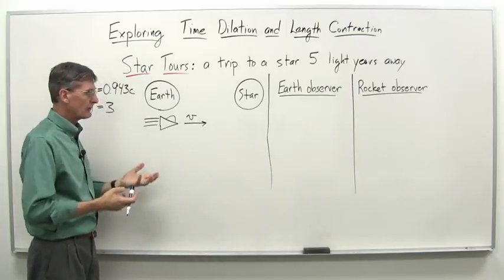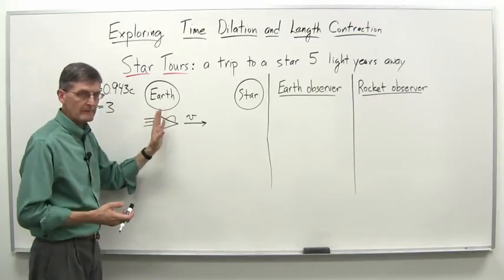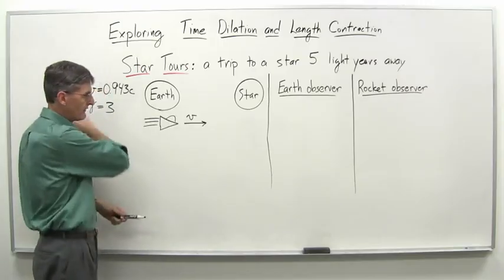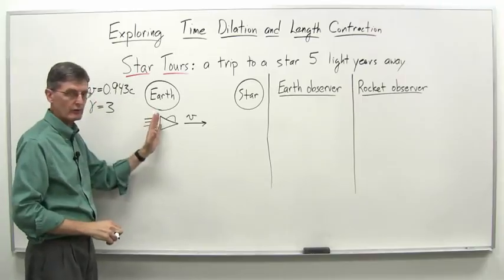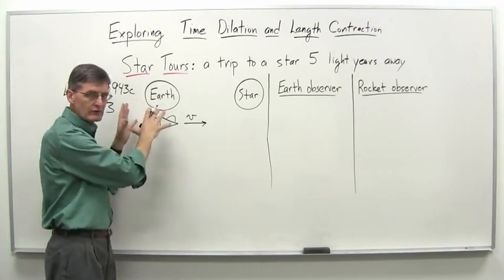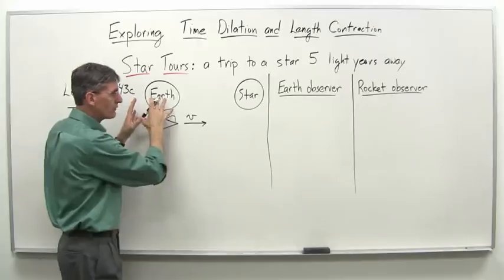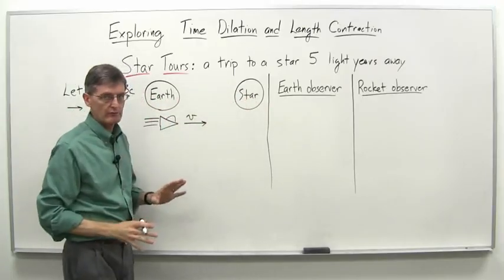So somebody on Earth watches Bob go by at velocity v. Presumably he's had a lot of time to get up to speed, so he's going at a nice constant velocity. Again, for the Earth frame of reference, it's really the Earth-star frame of reference because they are stationary with respect to each other.